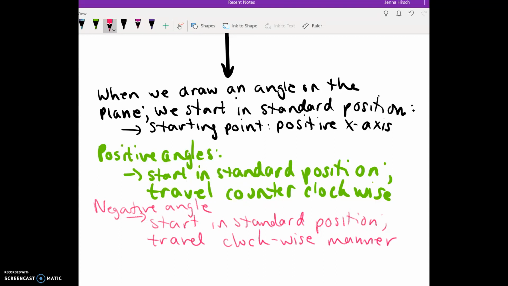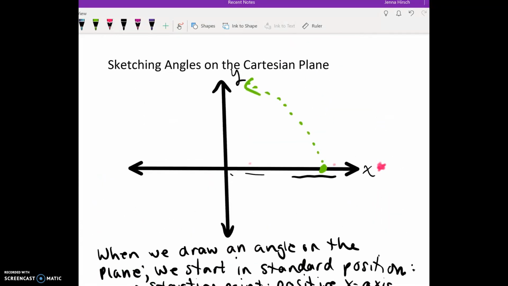Which means, again, let's go back up here to the x-axis. So if we want to sketch a negative angle, we would start right here and then move in this direction. Okay, so positive goes counterclockwise. Positive means we're going against the clock, and negative, we're going clockwise. Negative means we're going with the clock.